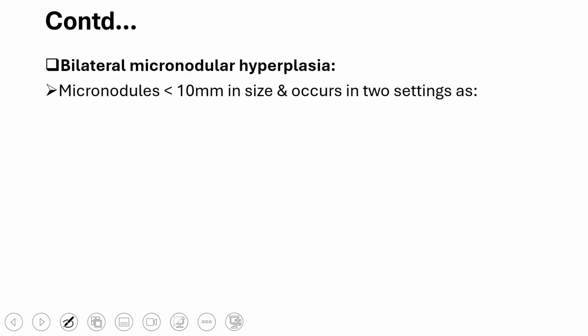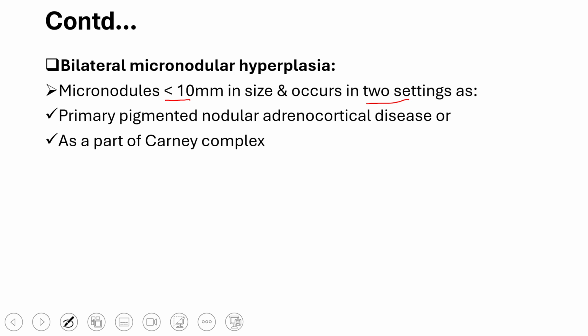And next you can see bilateral micronodular hyperplasia, where the nodules are less than 10 mm in size, and that occurs in two settings. First is primary pigmented nodular adrenocortical disease, and next can be as a part of the Carney complex.